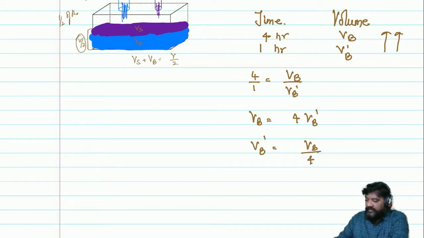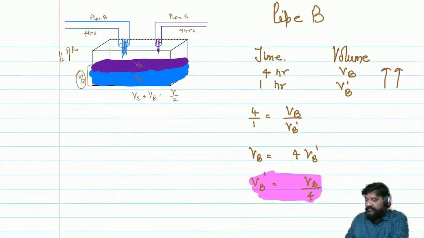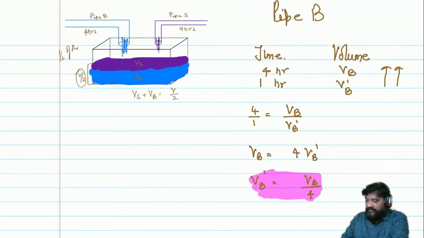Now that's my first piece of information. I'm going to make a note of this because I'm going to be using this again. Okay, now let's go for the smaller pipe. So this happens for pipe B. What happens for pipe S? Let's see.